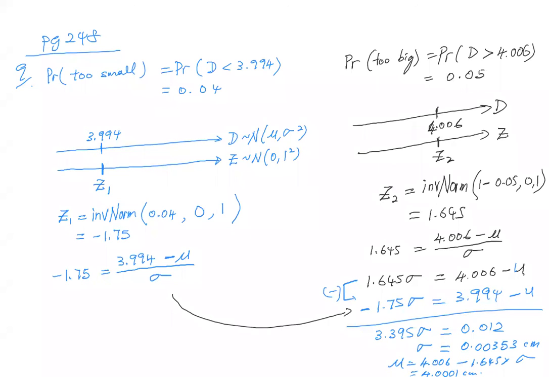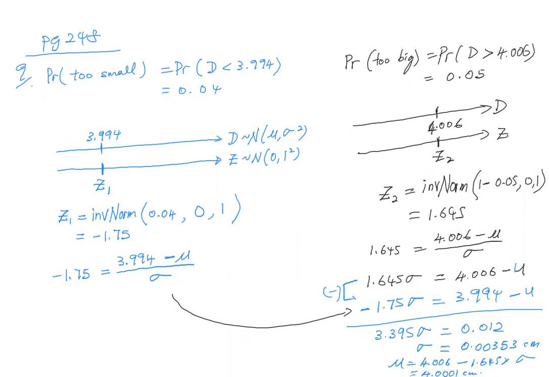Class, any question? No, miss. Okay, so we always go back to z-score if we don't have the mean and the standard deviation of a given normal distribution. So you have to use z-score to help you to solve it. Are you clear?